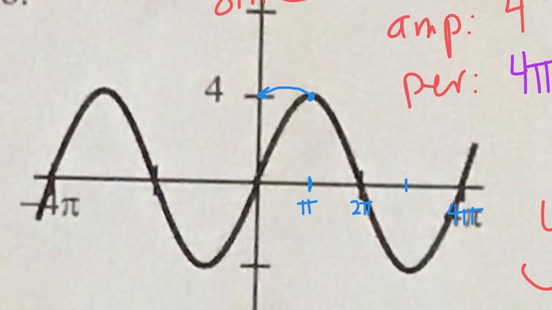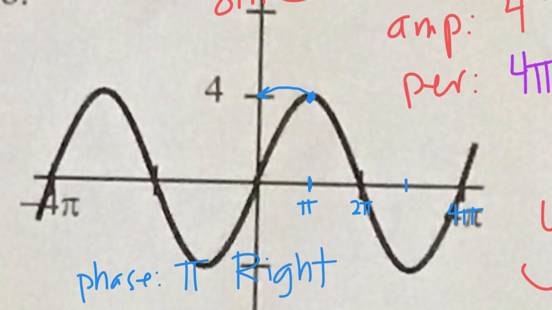So our graph has a phase shift of pi units to the right. This point here is pi units to the right of where it normally is. It's supposed to be here on the y-axis, but it is pi units to the right. So that's our phase shift, pi units to the right.